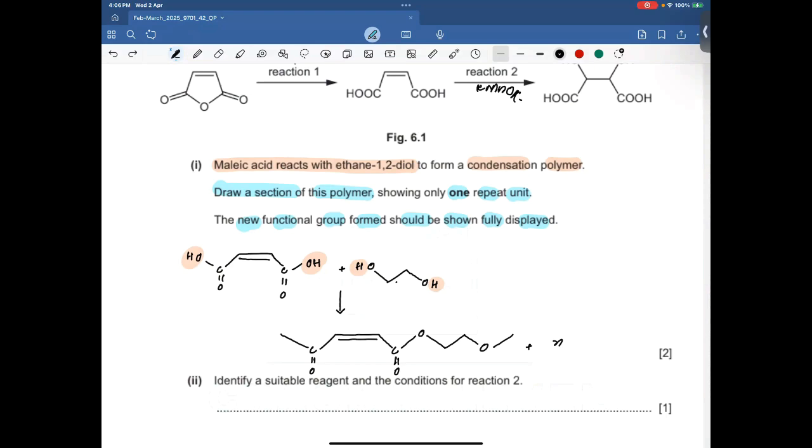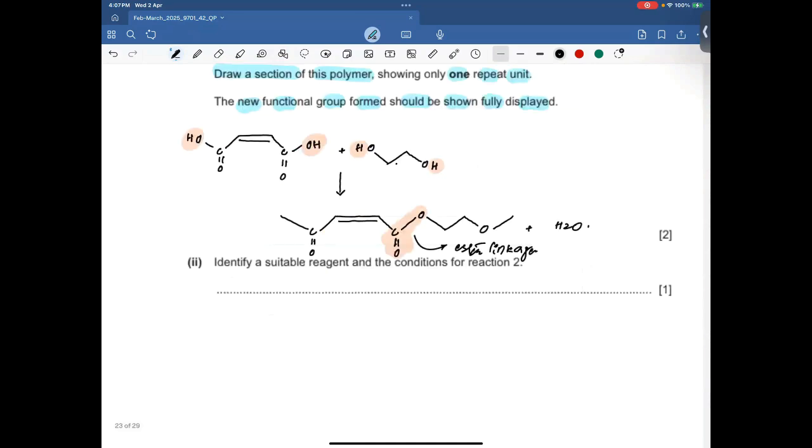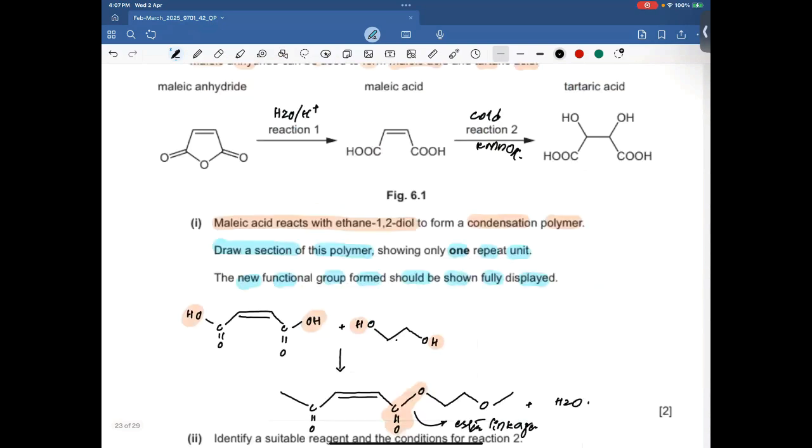And obviously this is going to be the ester linkage, or polyester linkage. Identify a suitable reagent and condition for reaction 2.